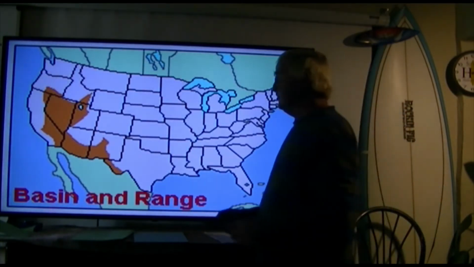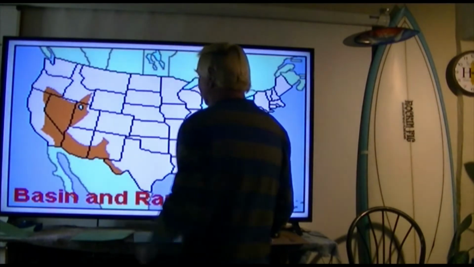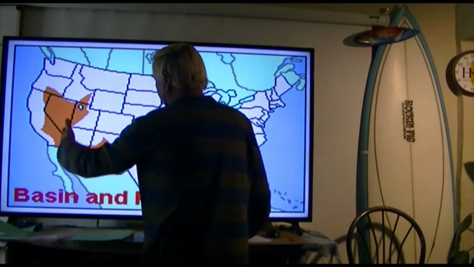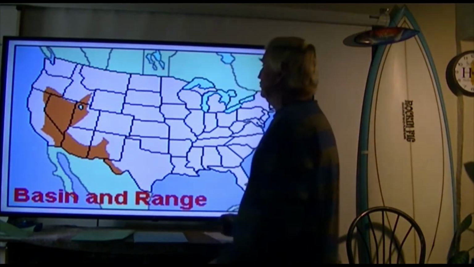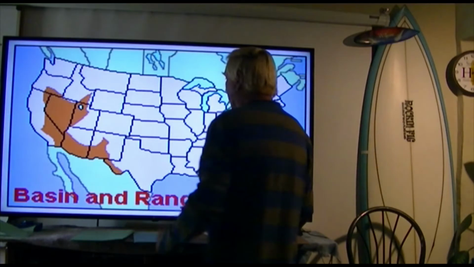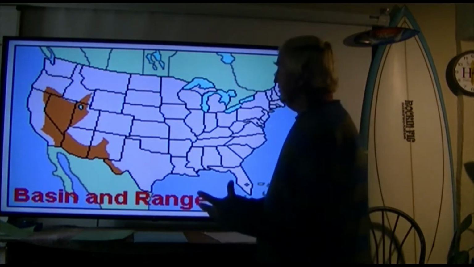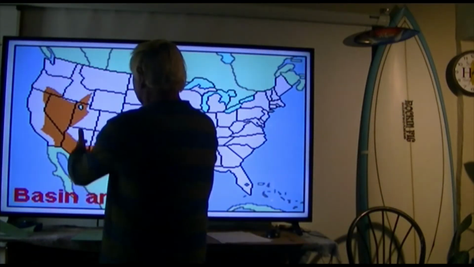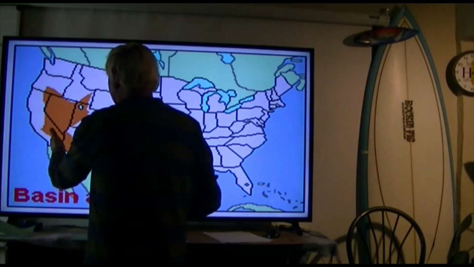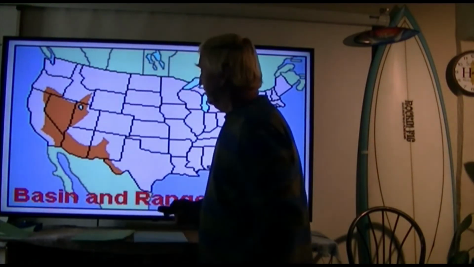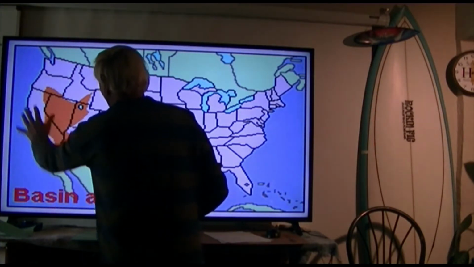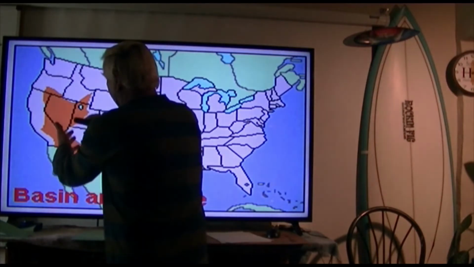And we saw this in the western United States, so basically the entire state of Nevada, a little bit more in Utah, as this diagram shows. Southeastern California, southern Arizona, southern New Mexico, and extreme western Texas. This is where this area is being stretched. The entire western United States is being stretched right now because of the San Andreas Fault. Baja and everything on the west side of the San Andreas Fault is moving north against the North American continent, which is moving west.